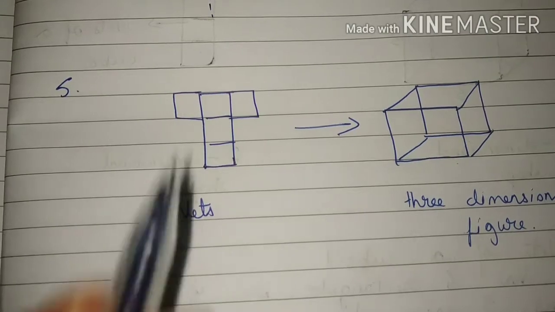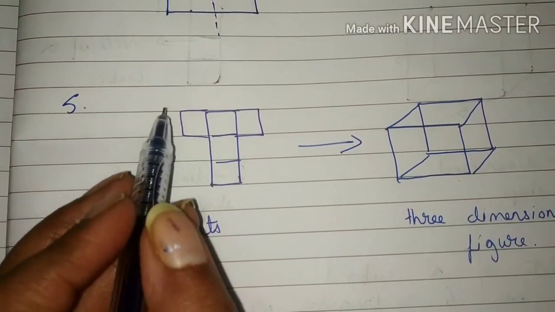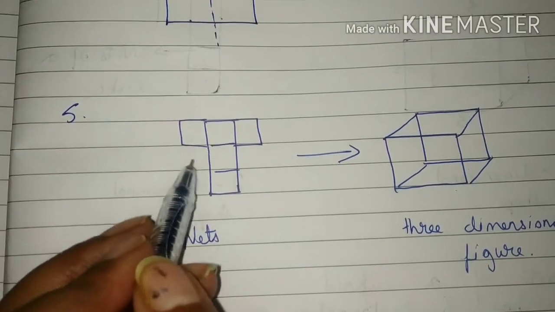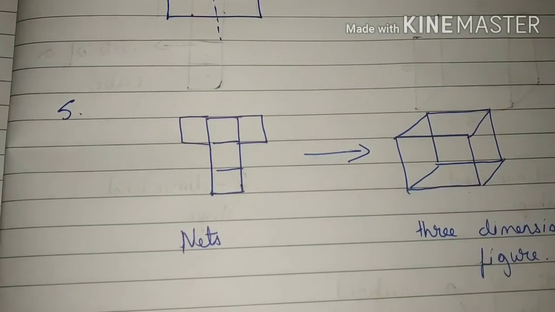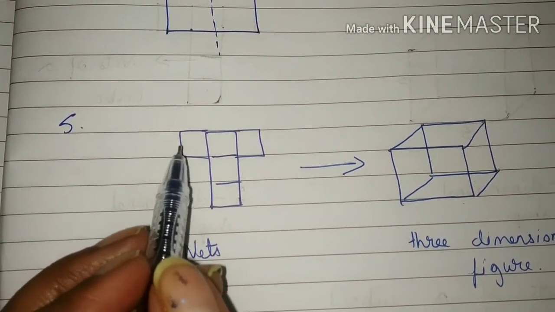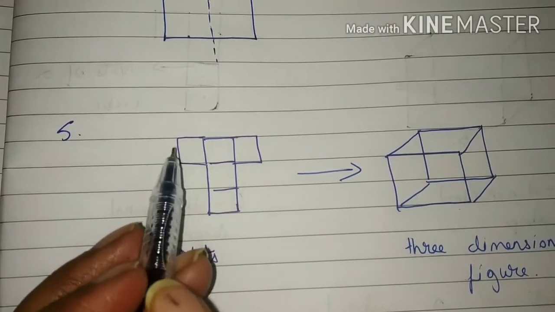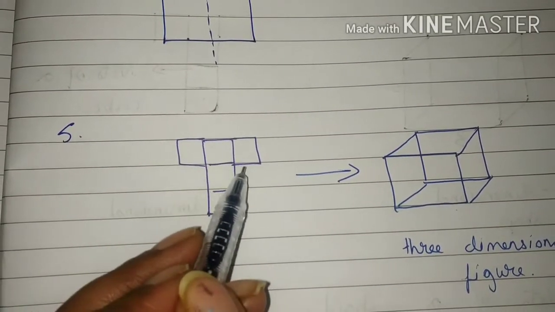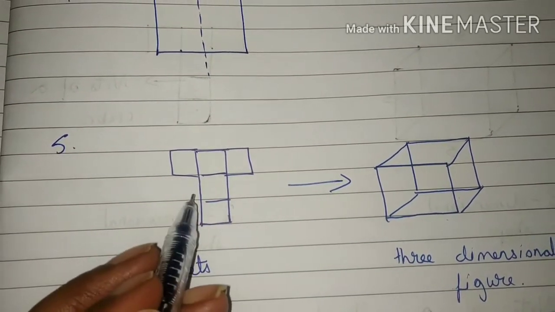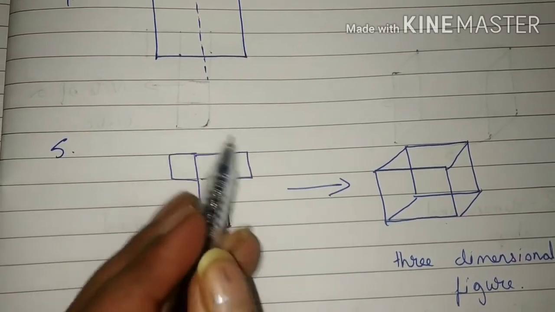Now students, look at this figure. Students, if you draw this on a piece of paper, then this is called two-dimensional figure. Students, net is a two-dimensional figure. So this is called net also. This is a two-dimensional figure and this is a net also because net is a two-dimensional figure.